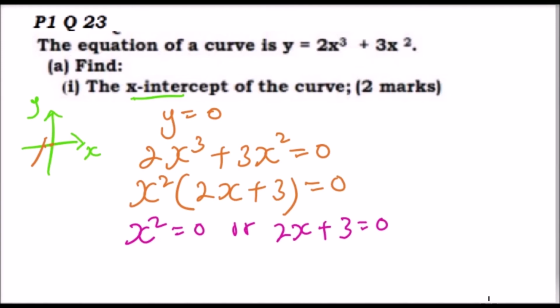We say that because when you multiply two factors, x squared times what is inside the bracket, one of them must be equal to 0.